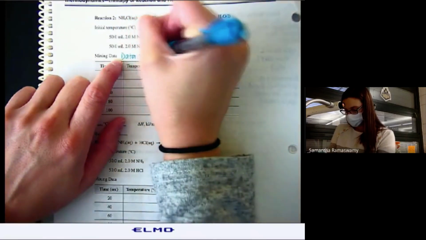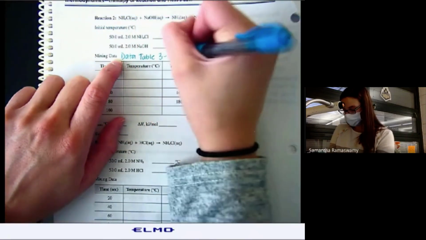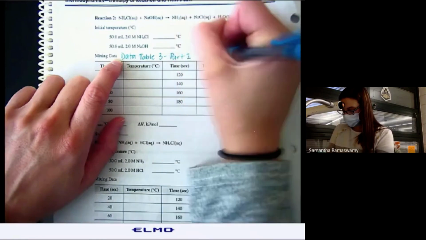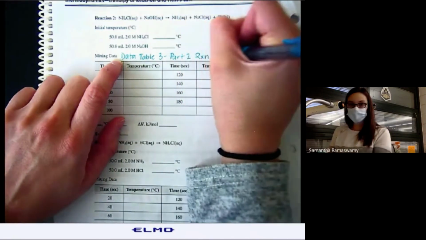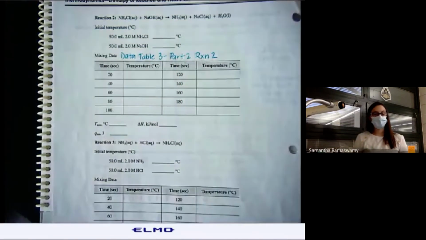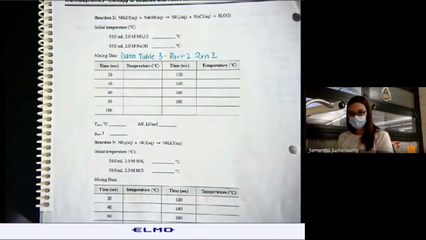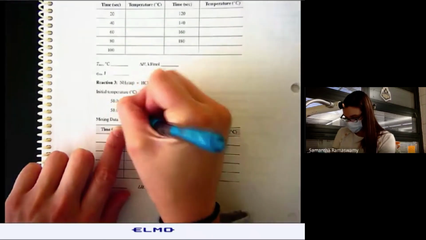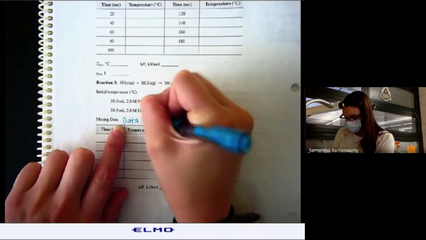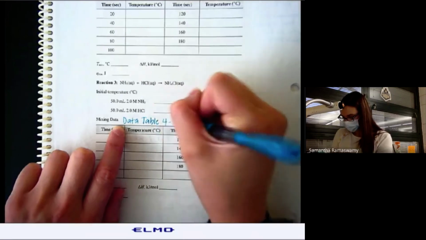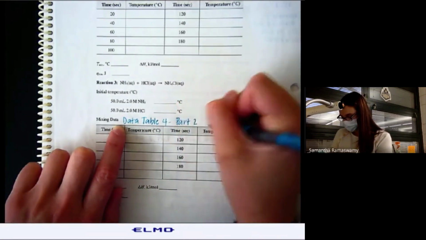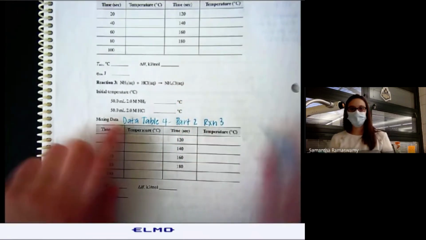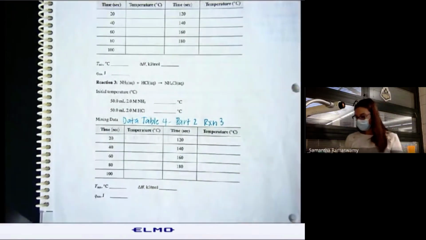So this would be data table 3, part 2, reaction 2. And then down here, data table 4, part 2, reaction 3. Oh, I forgot to put the numbers at the bottom.